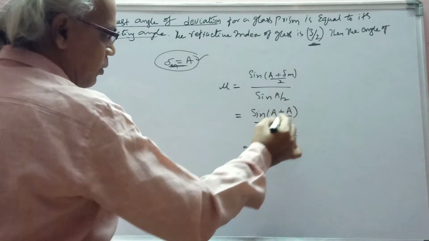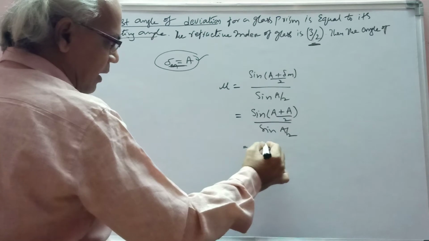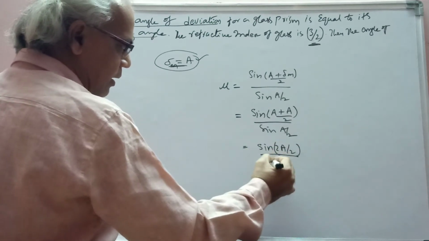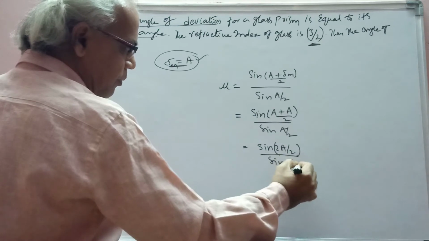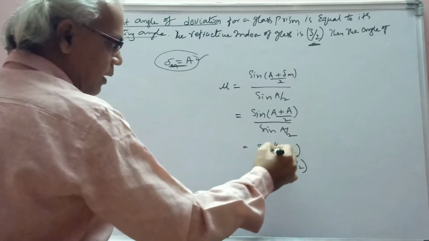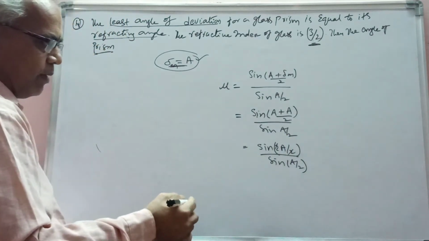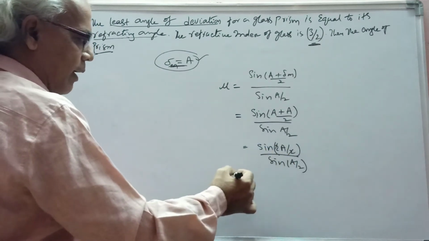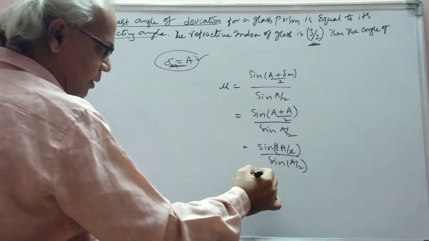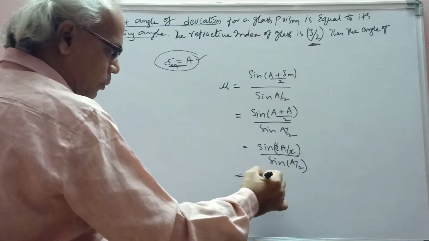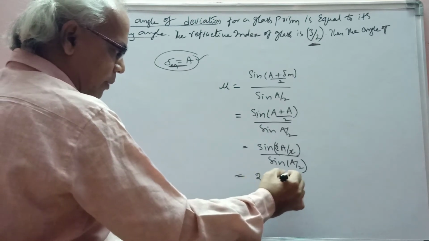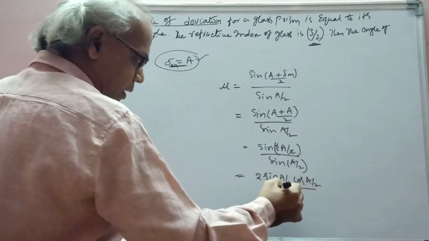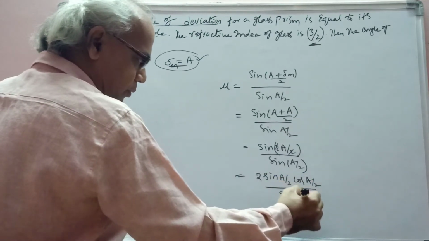So sin 2A by 2 divided by sin A by 2. The 2 will cancel, giving sin A by sin A by 2. According to the trigonometric expansion, sin A can be written as 2 sin A by 2 cos A by 2, divided by sin A by 2.